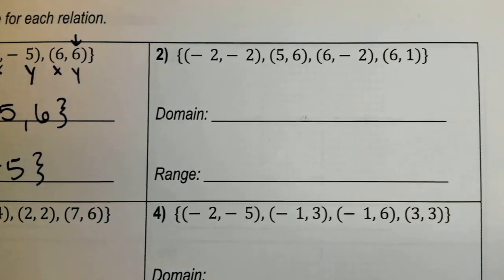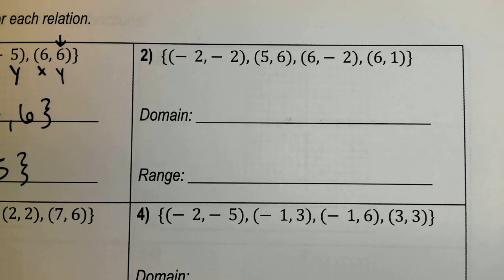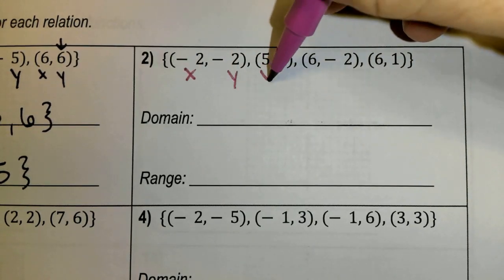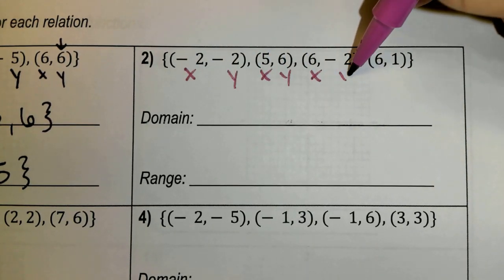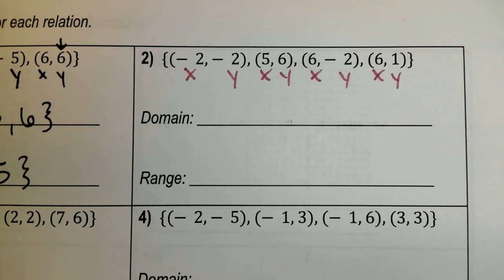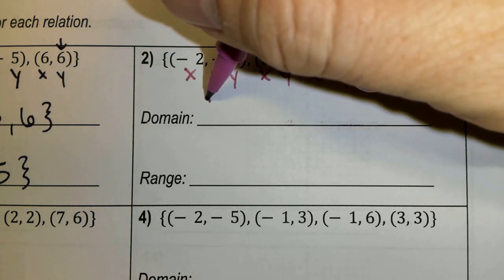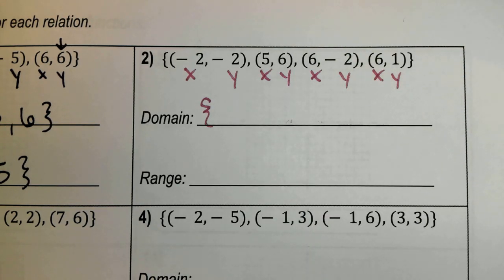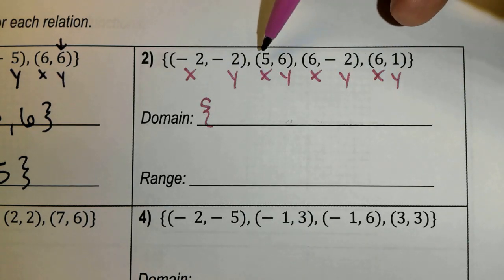Moving on to number 2. Same thing. So I have x, y, x, y, x, y, x, y. Okay, domain. Sometimes I look ahead just to see if any repeats. That way I don't accidentally write them more than once. So 2, 5, 6.